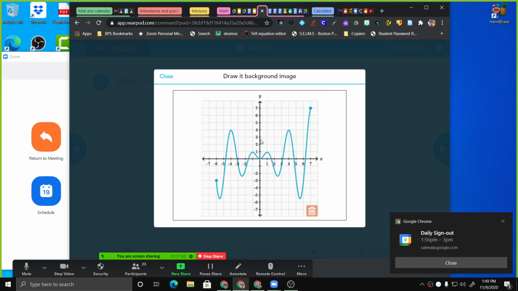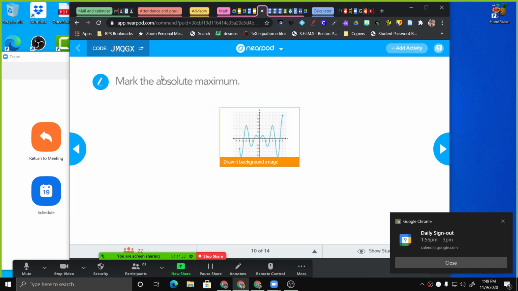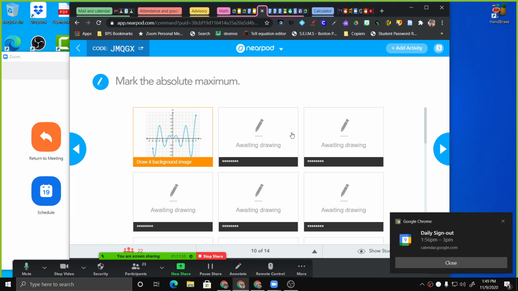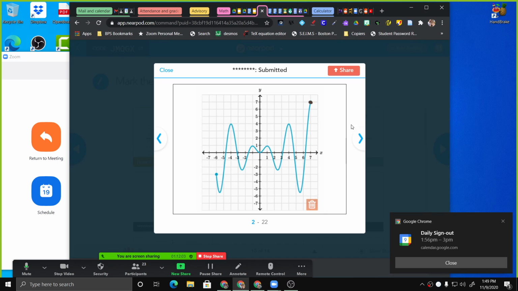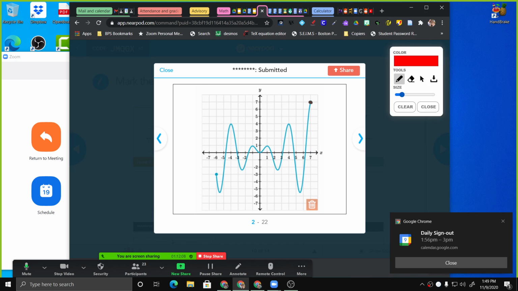Okay, next problem. Any questions on that? Mark the absolute maximum now. I want everyone to mark the absolute maximum. And we see right away somebody correctly marks this point right here as the absolute maximum. It is an absolute maximum.